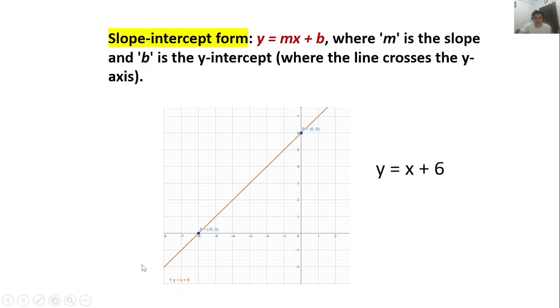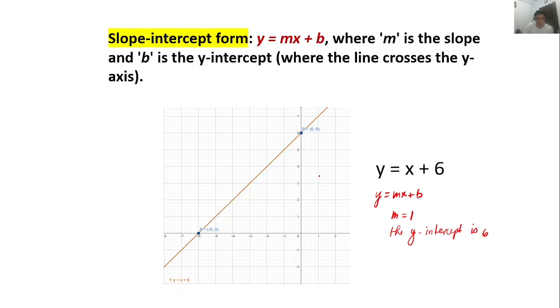So here's the graph of the equation y is equal to x plus 6, where m is the slope, and here y equals mx plus b, m is equal to 1, and the y-intercept is 6.